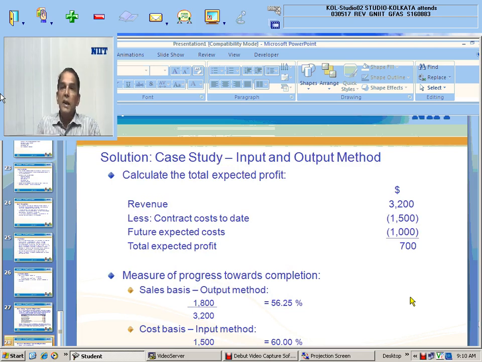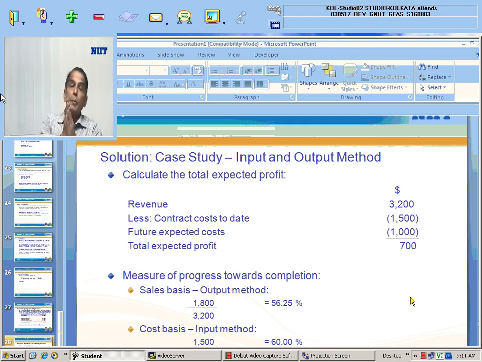Cost incurred till date is 1,500, and future expected cost is 1,000. So total expected profit against sales of 3,200 and cost of 2,500, 1,500 has been already incurred and future expected cost is 1,000. So total expected profit is 700. So AB Infra will expect a profit of 700 from this contract.